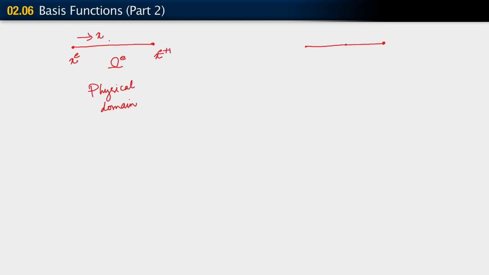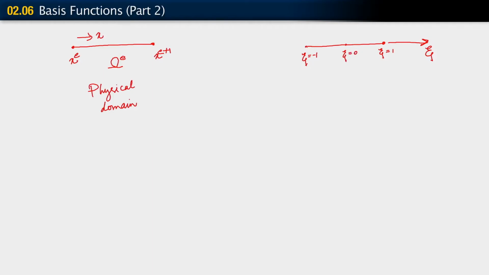Whereas I have x for position in the physical domain, in this domain I'm going to use xi as a coordinate. And the node on the right is xi equals 1. The node on the left is xi equals minus 1. And the midpoint is xi equals 0.